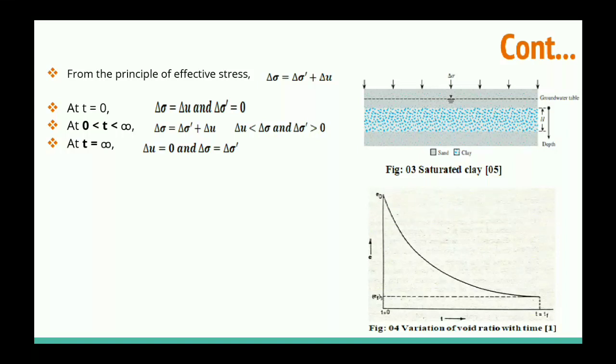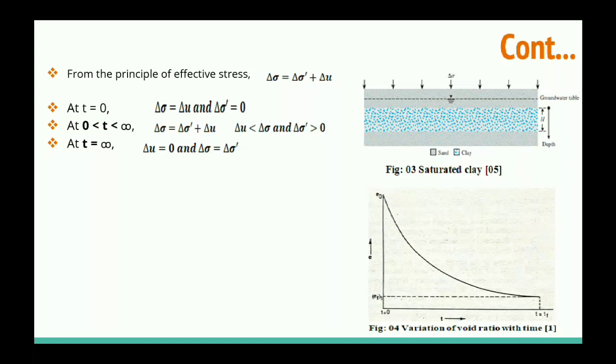From this figure you can see, by increasing the time, the void ratio of soil is decreasing, and we get the final void ratio EF1. If we again apply a different delta sigma, a different total stress, then the final void ratio EF will come to a different value, and that would be less than the previous one.